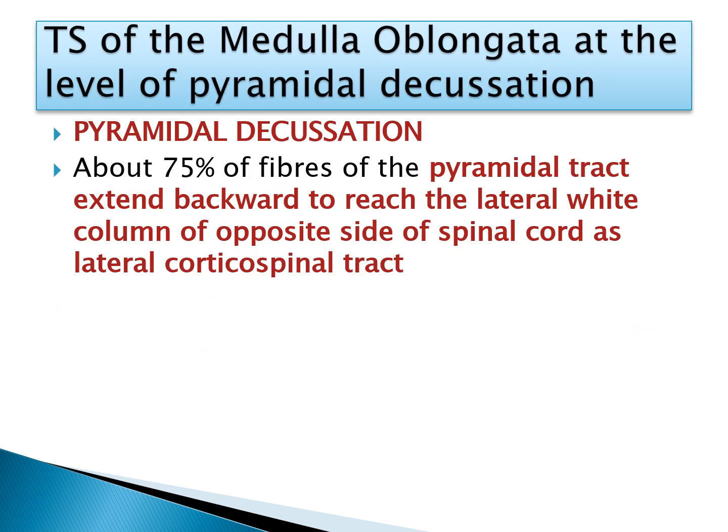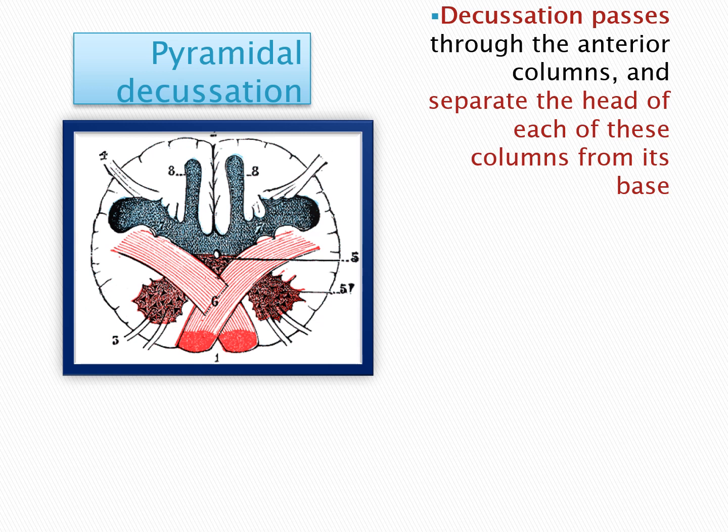So this level, pyramidal decussation level, we have learned pyramidal tract fibers. They extend backwards to reach the lateral white column of the opposite side of the spinal cord, as the lateral corticospinal tract. So this is that level diagram you can appreciate.